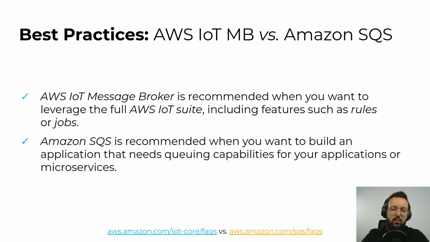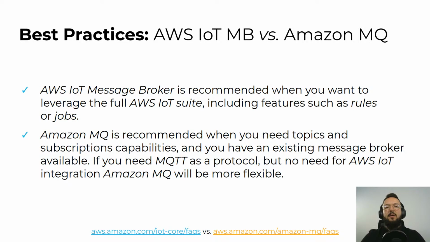On the other hand, if you would like to have IoT connectivity, you need publish subscribe, or you would like to integrate with the rules, jobs, IoT suite, etc., then feel free to use AWS IoT Message Broker.